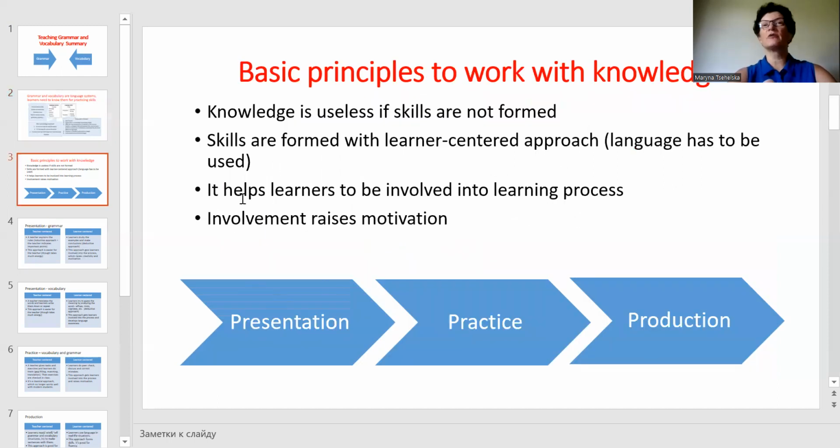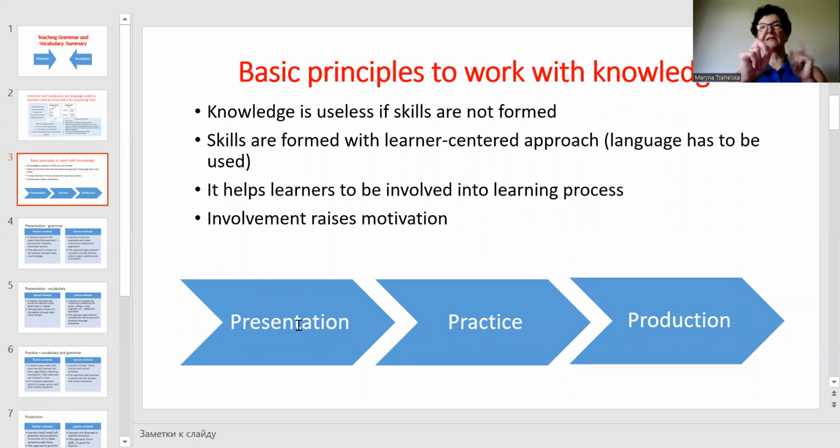So you remember that knowledge is useless if we don't form a skill. Skills are formed with a learner-centered approach, and we need to use the language, not just to learn about the language.